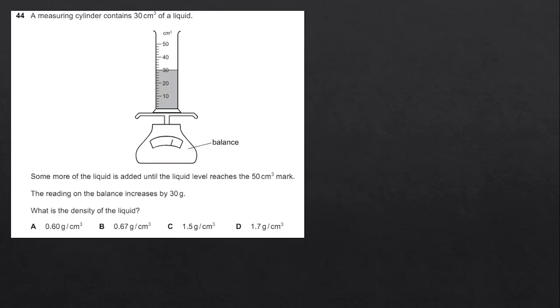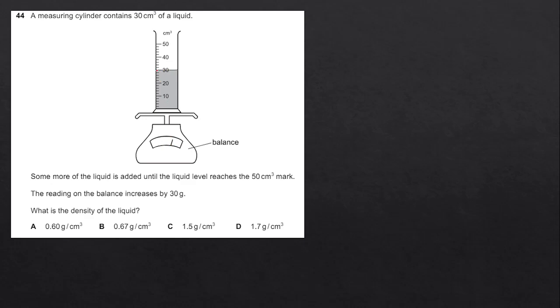Question 44. A measuring cylinder contains 30 cm cube of liquid. Some more of the liquid is added until the liquid level reaches the 50 cm cube mark. The reading on the balance increases by 30 gram. What is the density of the liquid? As of now we don't know the exact reading on the balance, but we know initially we have taken 30 ml of liquid or 30 cm cube.